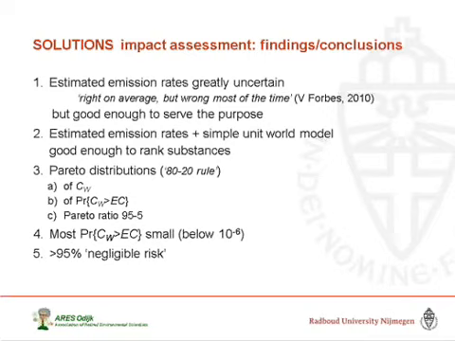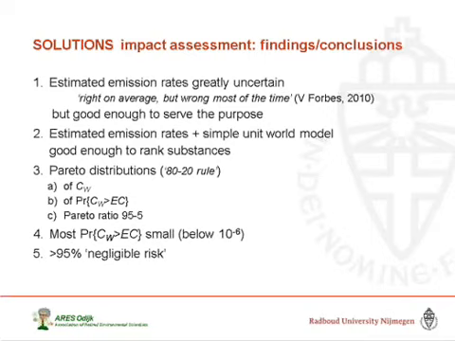We all know that concentrations in the environment are log normal, and the right side of the log normal distribution is the same as the Pareto distribution, meaning that there's only a few chemicals that cause the entire effect on ecosystems. So Pareto distributions is usually referred to as the 80-20 rule.